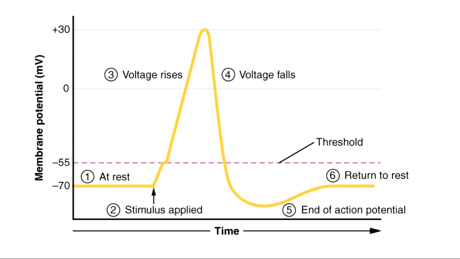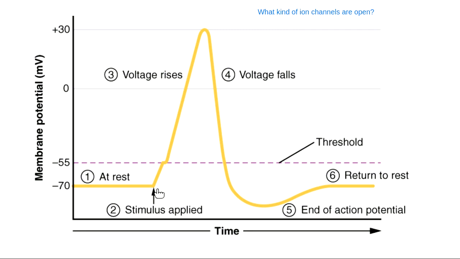What I think you should do to study this graph is, for each part of the graph, ask yourself what kind of ion channels are open, or what opens here.